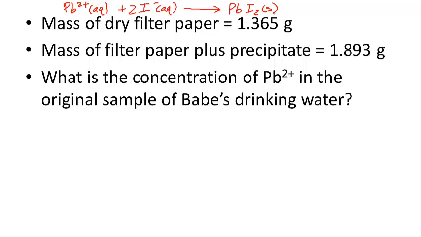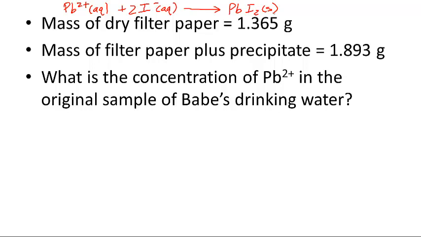Now, what can I figure out the mass of based on the data? Which of those things do I have data to determine how much of it was there? Chris? PbI2 solid, because the precipitate is PbI2 solid. We have the filter paper alone, the filter paper plus the precipitate.